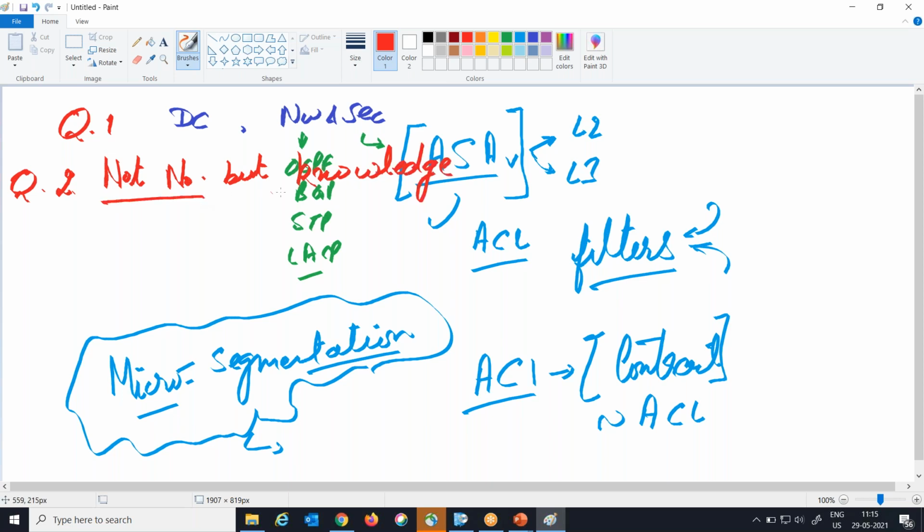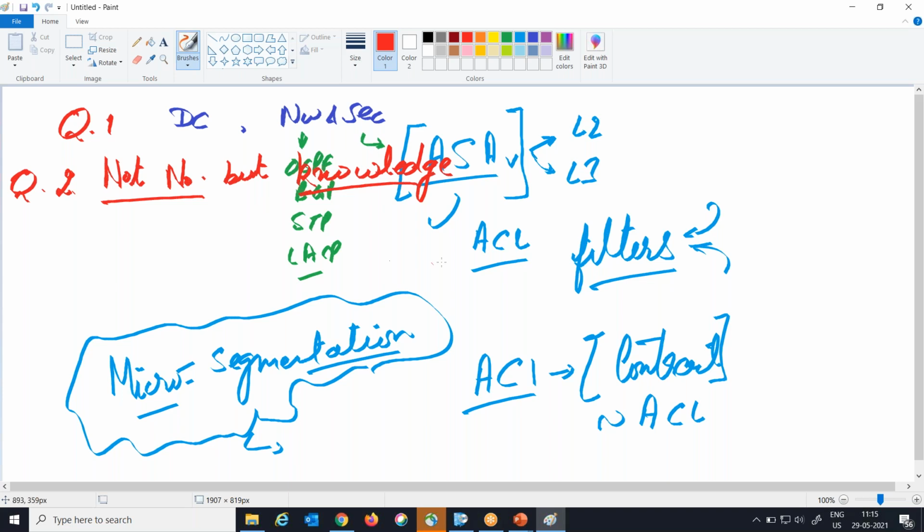Would this track only be covering the lab perspectives, like what will be coming there, and we will be only practicing that material? Or will we be building a strong base so that no matter whether we are going for the CCIE number, if in any situation we are fired with some scenarios or asked for some technology basics, we would be comfortable and strong enough to explain that? So are we doing it that way?